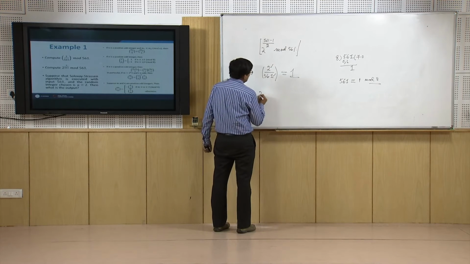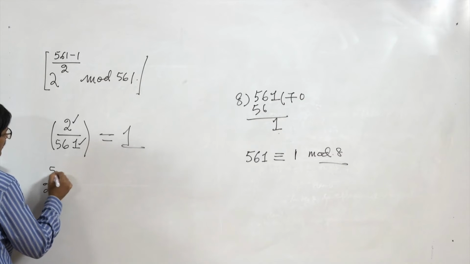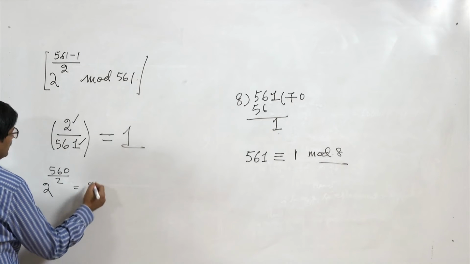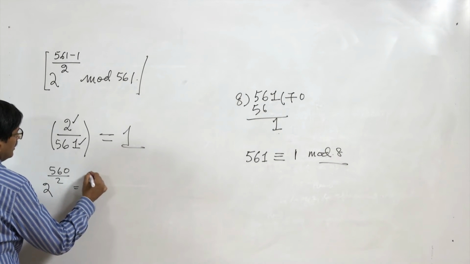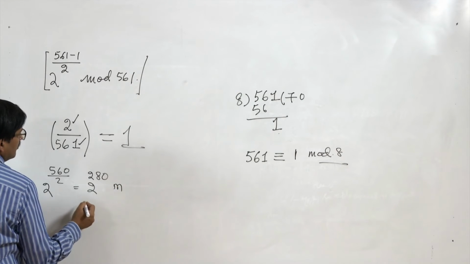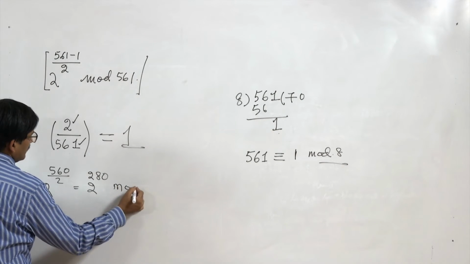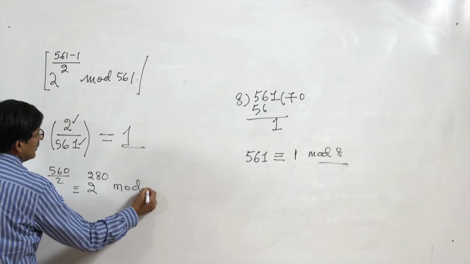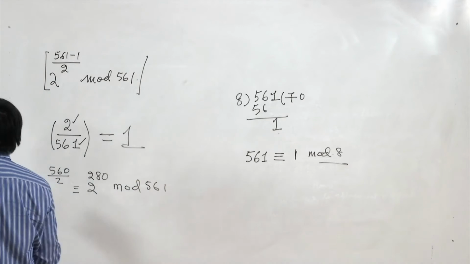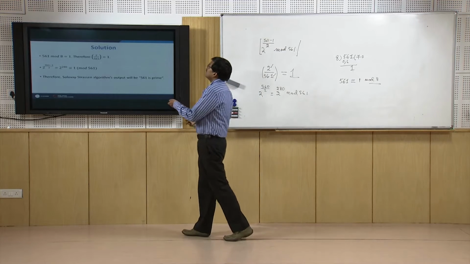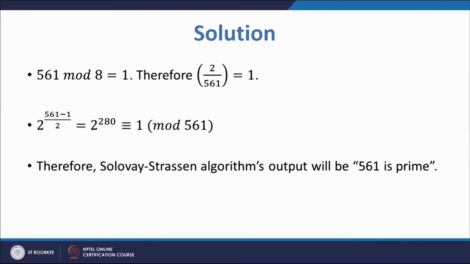That means we have to calculate 2 raised to the power 560 by 2, that is equal to 2 raised to the power 280, and reduce it modulo 561. We can do that by using a calculator, and we will see that it comes to be 1.